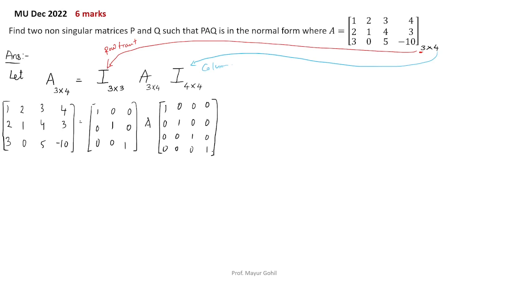Now one very important caution: in some books a substandard notation is used, that is, they write A 3 cross 4 and then they write I3 A I4. I request you not to use this kind of notation. These are very substandard notations.